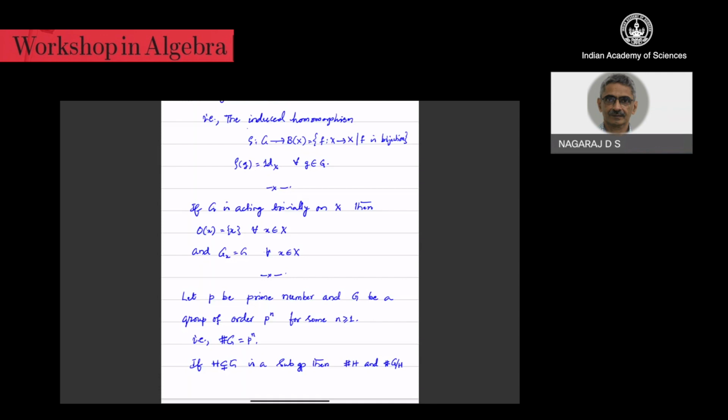So that means the order of H is some p power m for some m less than n.